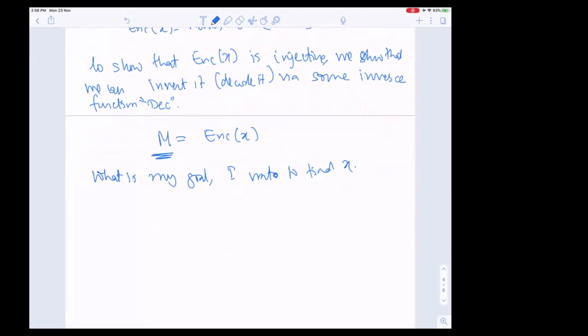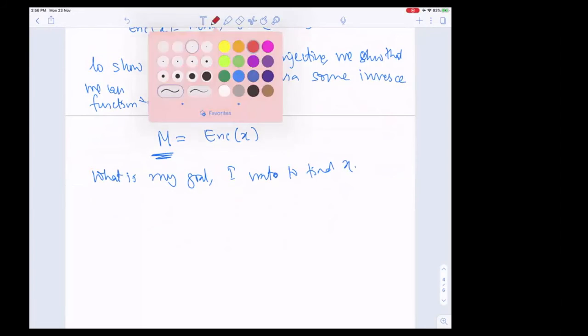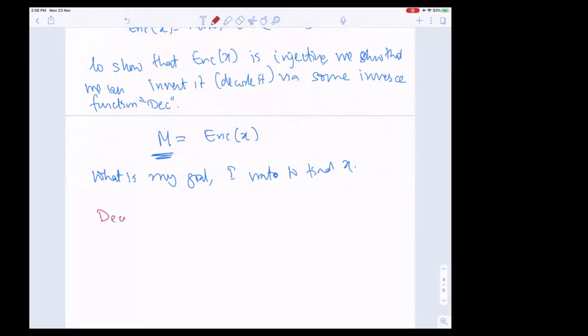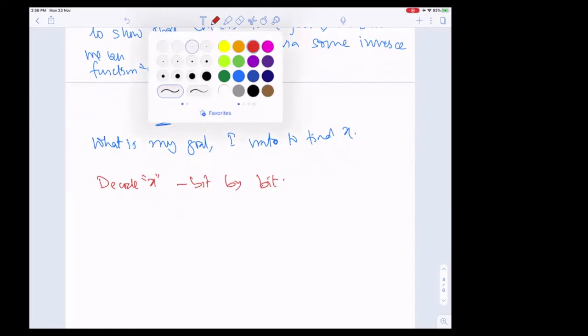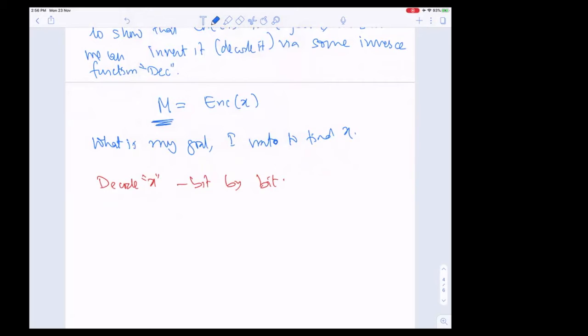I'm going to decode x bit by bit. From m, what can I compute?